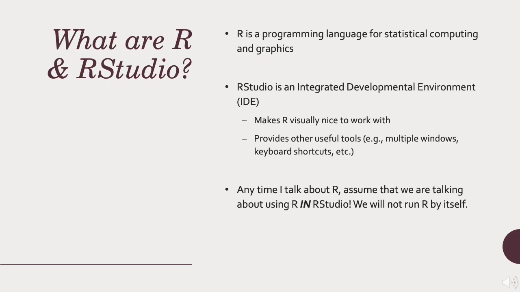So if you want to write papers in RStudio, it's a lot nicer to do that. You can't do that in R. And so pretty much anyone ever who uses R runs it in RStudio. So anytime I'm talking about R, assume that we're talking about using R in RStudio. We're never going to run R by itself. So I'll use the two terms interchangeably and just think about them as the same thing.